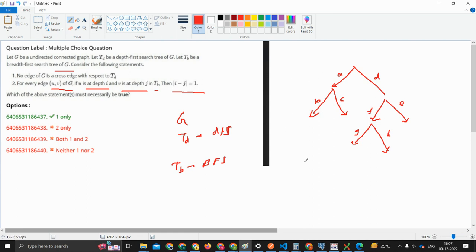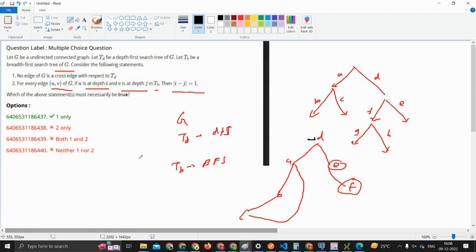I mean DFS. How I do these things is I basically try to draw some graph and do a DFS or BFS. Say you have points A, B and C, and D, E and F. Shall we try to draw a DFS for this?